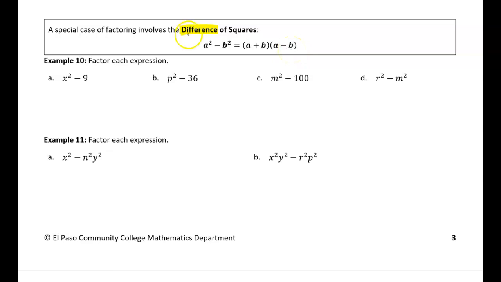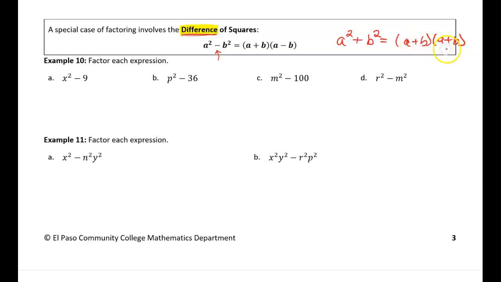I mentioned stressing the difference part because the operation in between these squared pieces has to be subtraction. There is no factorization for the addition of squares. This does not give me a plus b times a plus b.